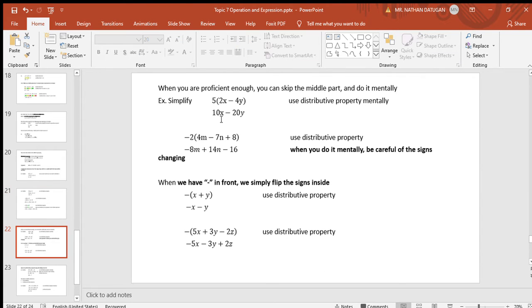So now let's move on to simplify more terms. What if we have two variables?